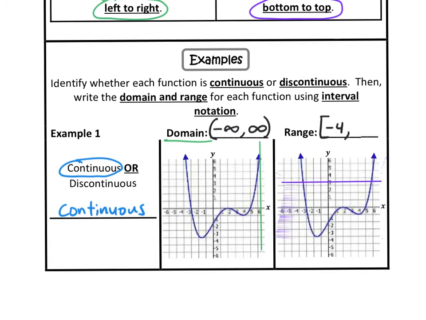So it's going to go way past the drawing, towards infinity. So we're going to put infinity as our endpoint, and parentheses for infinity. Okay, let's go to the second example.